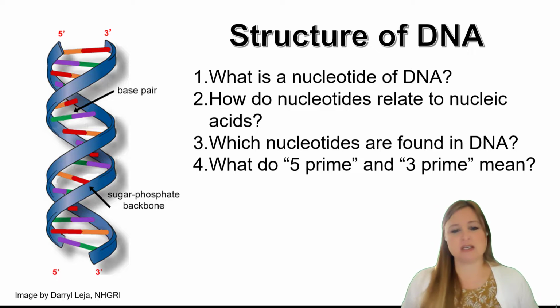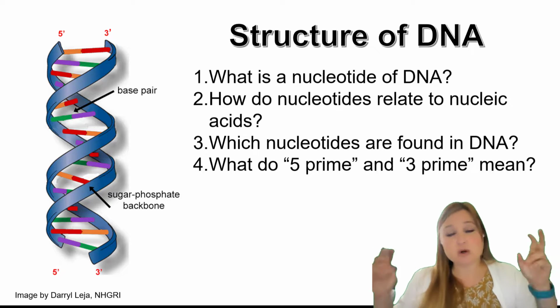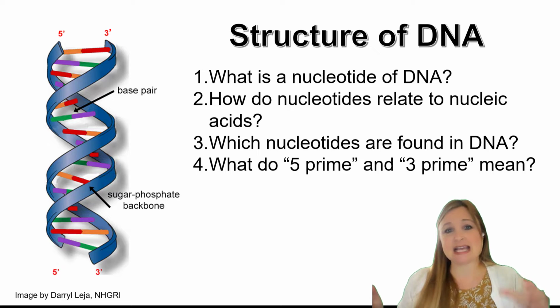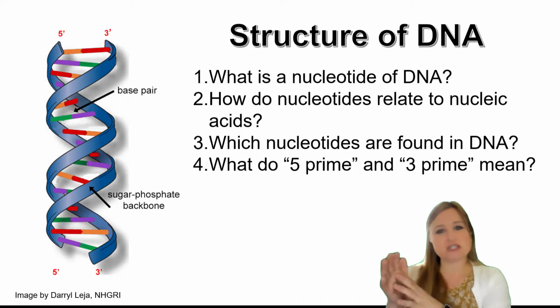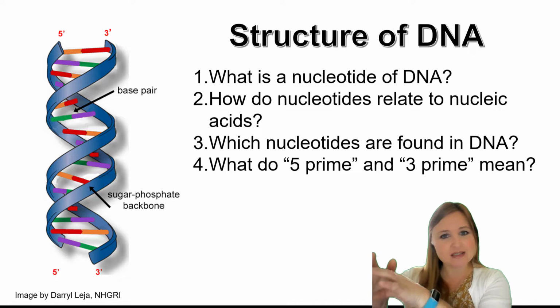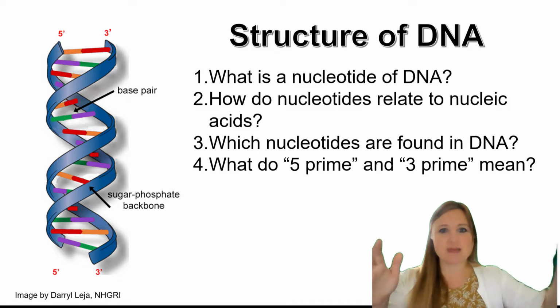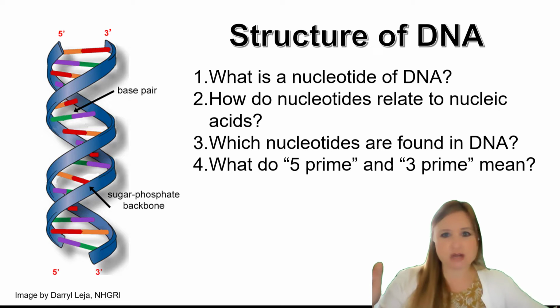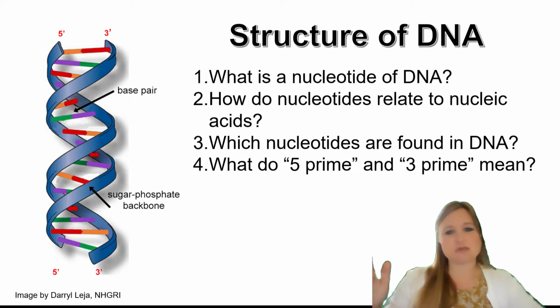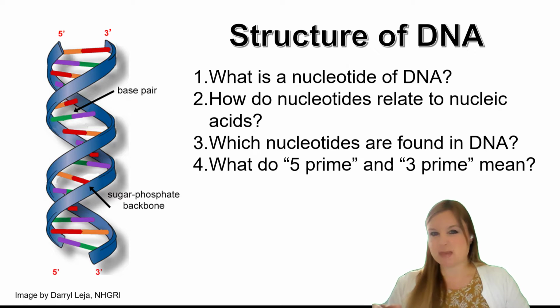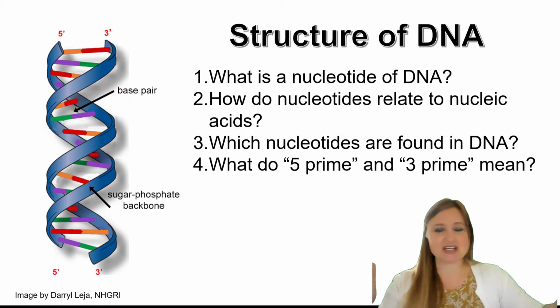But more importantly, when we use the words 5' and 3', we're talking about the forward direction of DNA. That is how the nucleotides are joined together, right? And they're always joined together from the 5' end to the 3' end. So the forward direction of DNA is from 5' to 3'.